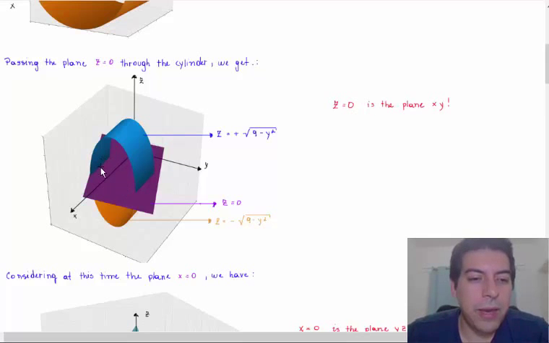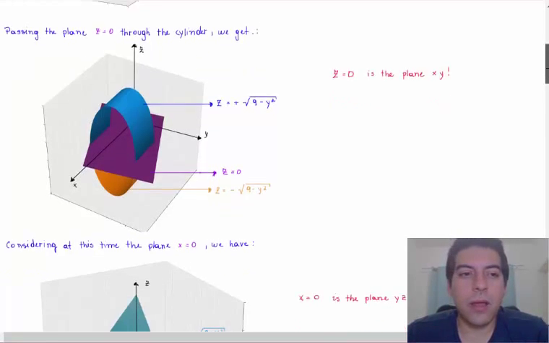We draw this plane using the purple color, and as we see in this figure, this plane cuts the cylinder in half. Since the question asks us to consider just the points in the first octant, that is, x, y, and z greater than or equal to 0, we can get rid of the lower part of the cylinder.